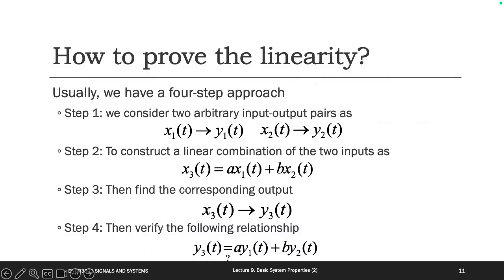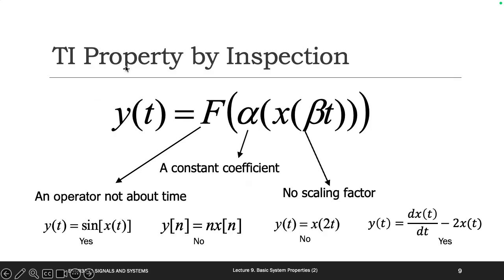Okay, let me point out one very important thing. Like I said, for the time invariance property, you mainly focus on time. If you change the time in the system, am I right?